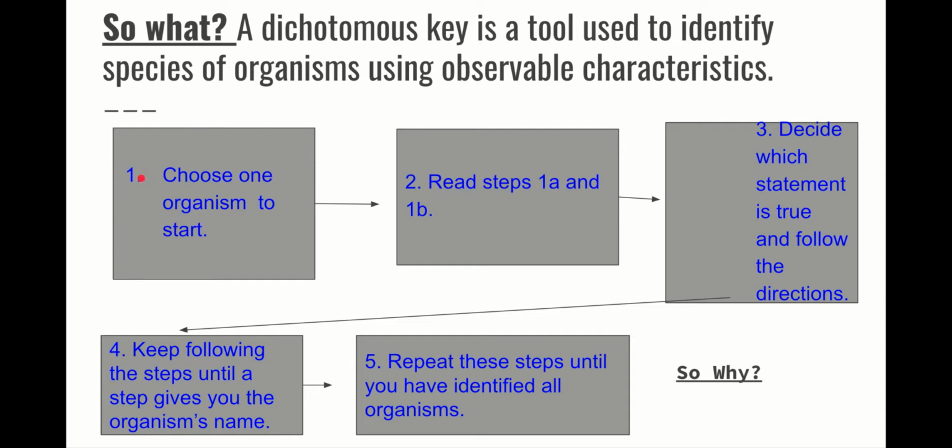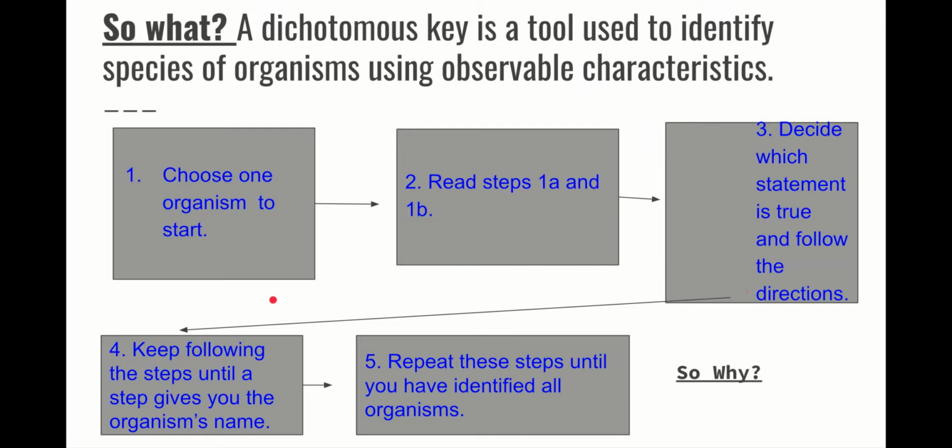In your first box of your flow map, you are going to write number 1, choose one organism to start. Number 2, read steps 1A and 1B. 3, decide which statement is true and follow the directions.